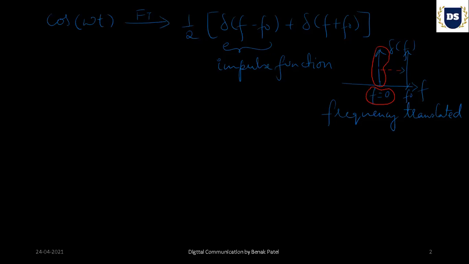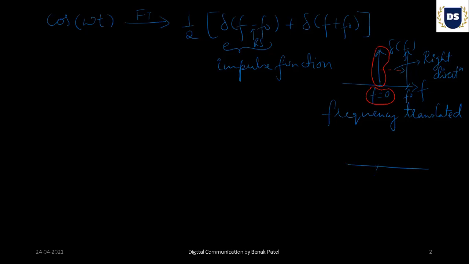And in what direction am I trying to shift this? I'm trying to shift this signal in the right direction. Because of this negative sign in between, it indicates right shift. Okay. So delta f minus f naught is this.